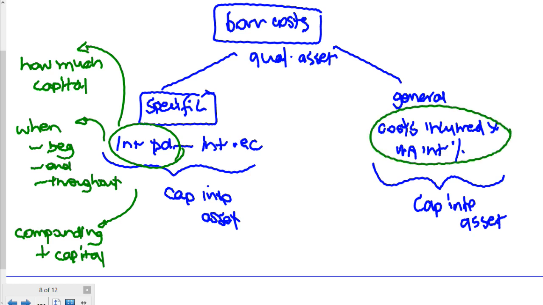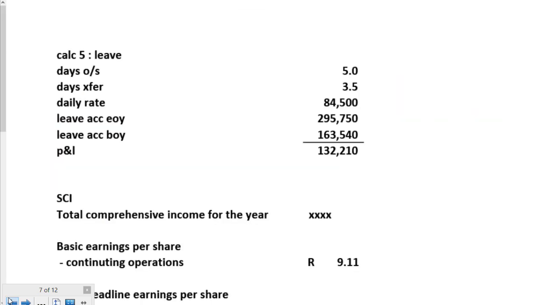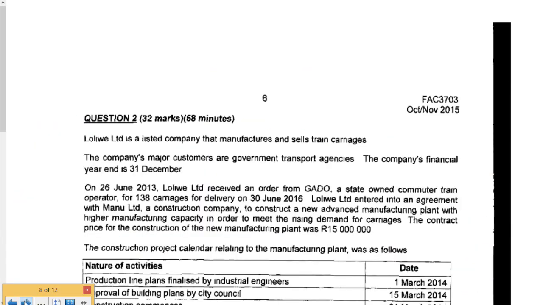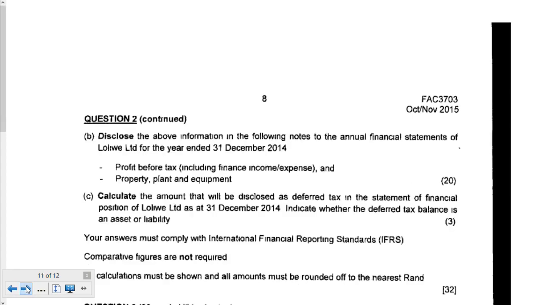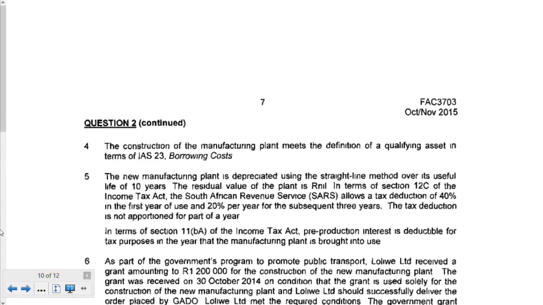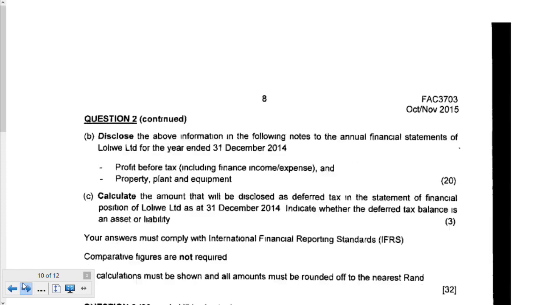I also have to ask myself, when were the costs incurred? Was it at beginning? How much was incurred? Was it at beginning, end, or throughout? And what is the compounding period on the interest rates there? So that's borrowing costs. So the first required here asked you to give some discussion. So hopefully that should be enough to deal with that. Remember, it's practical. You're just answering the questions. So I'm going to leave you to try and do that.